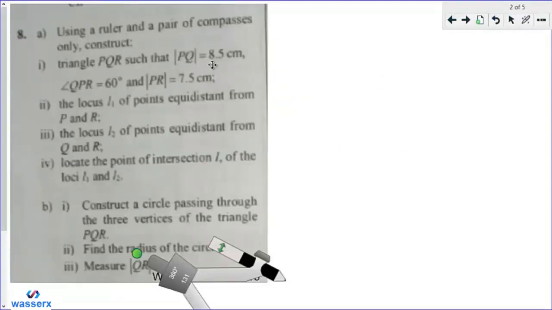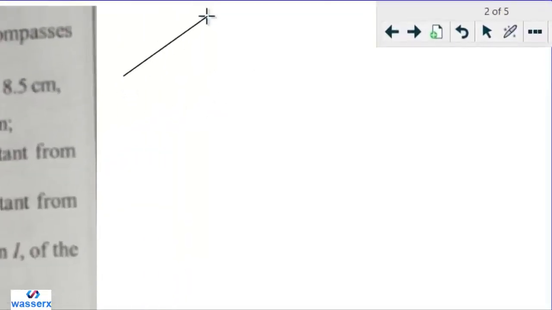We have our first example from WASI 2010. We are constructing a triangle PQR such that PQ is 8.5 centimeters. Now it is always good to make a sketch of the diagram before you start to do the construction. So we have triangle PQR.